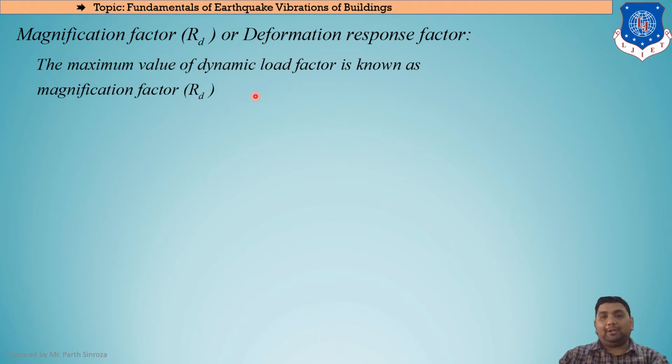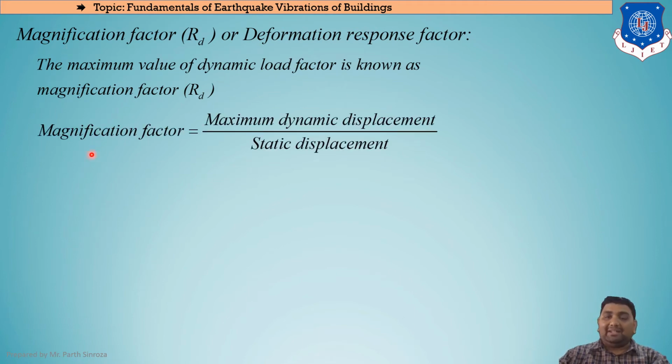Now, what is this load factor? The magnification factor can also be written as the ratio of maximum dynamic displacement to static displacement. Maximum dynamic displacement means x, and static displacement means delta st. Clear? So the magnification factor can also be termed by this equation.